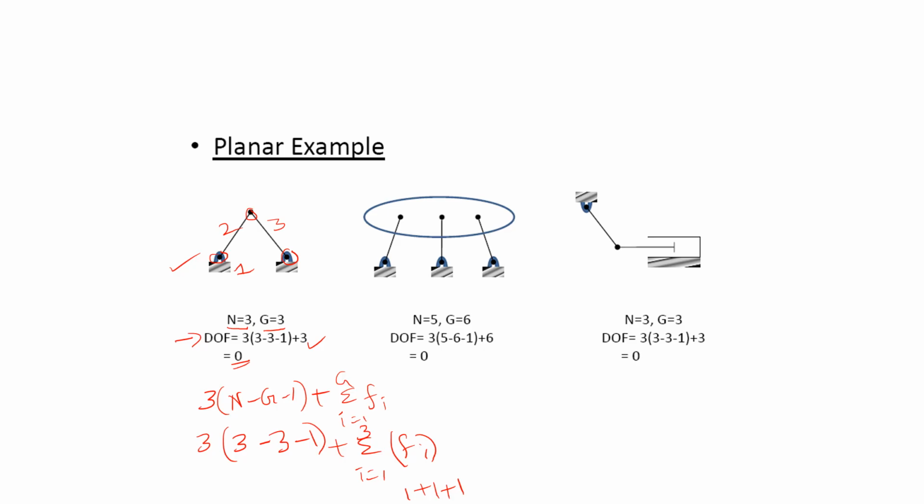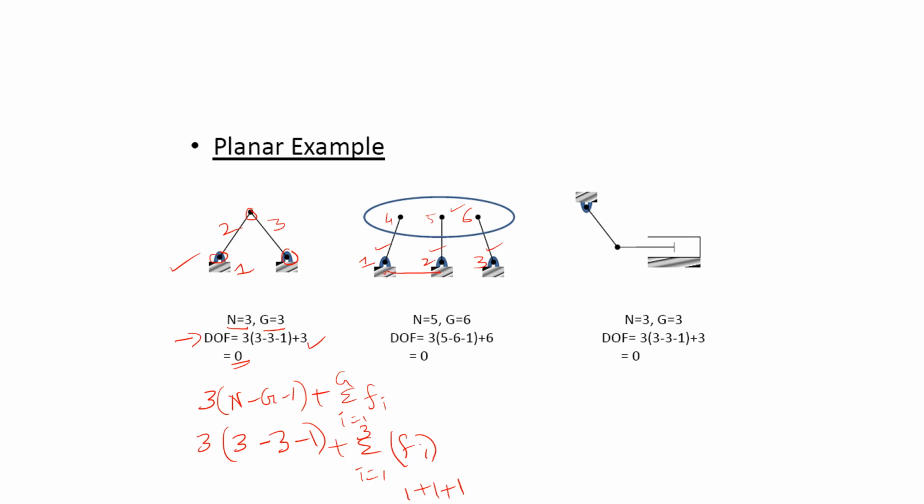Right? So the next example: including the base, you have 5 links, that is 1, 2, 3, 4, and the end effector, that is a link. And how many joints? You have 6 joints: 1, 2, 3, 4, 5, and 6.